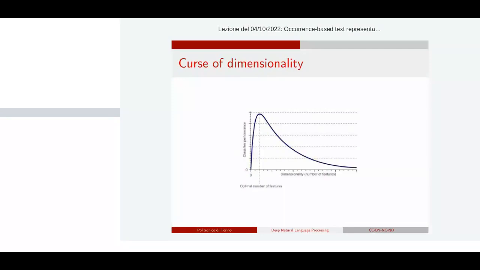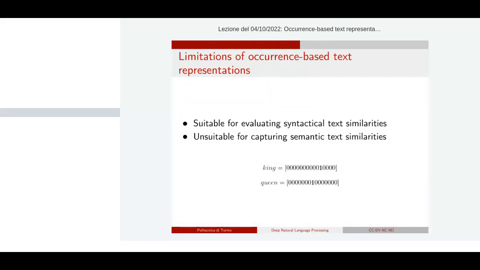And further, if you consider other features, like the number of symbols, the number of verbs or nouns doing part-of-speech tagging, the problem becomes even more complex. So this is one of the main problems.